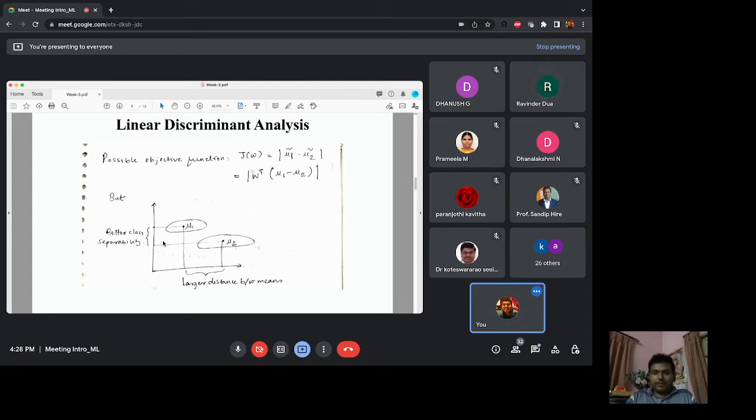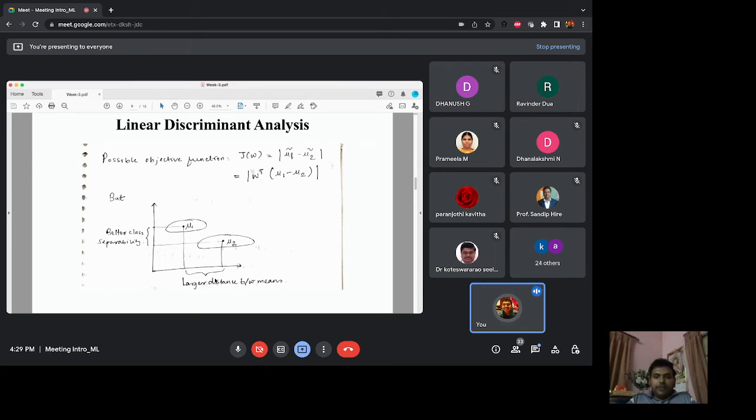So, this shows that when I am just trying to separate out the two means, that is probably not the correct thing to do, because in this case it would lead me to a projection on the x axis, whereas my original objective is to separate out the two classes, and the y axis would have been a better option than the x axis. That is why I drew this figure, to give you an intuition as to why just separation of the two means may not be enough in all cases.